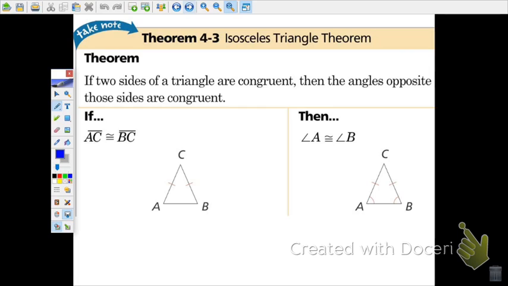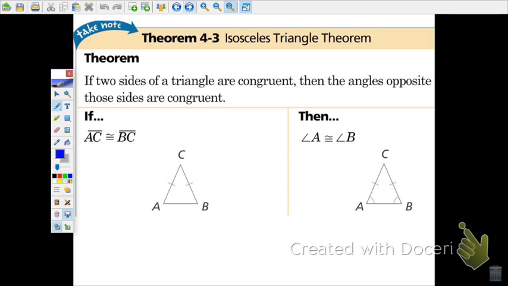The example that I want you to draw is this triangle from the then part, with the inclusion of some arrows, because we're starting out in this theorem being given that the two sides are congruent.